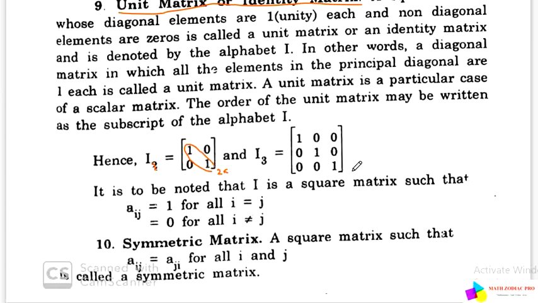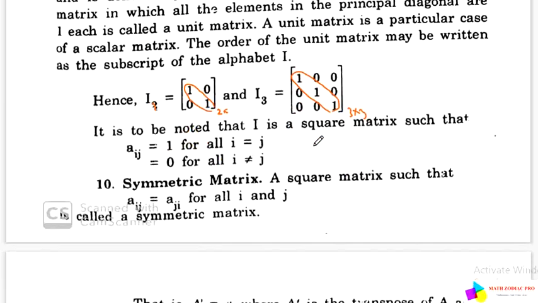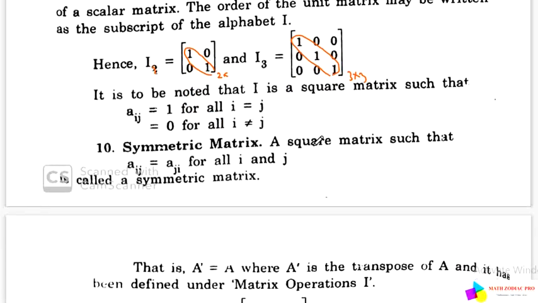And this is a 3 by 3 matrix, 3 rows and 3 columns, I3, where the diagonal elements are 1 1 1. This is I2 and this is I3. This is called the unit matrix or identity matrix.